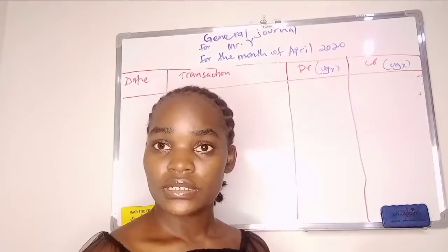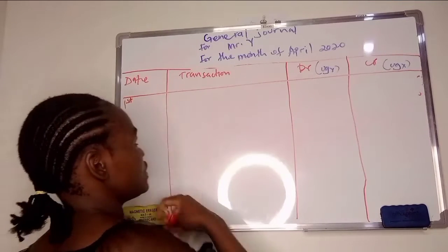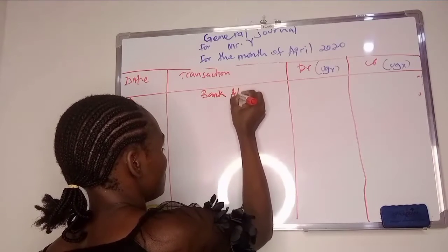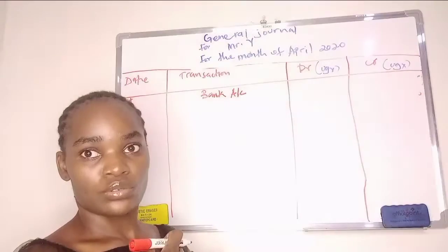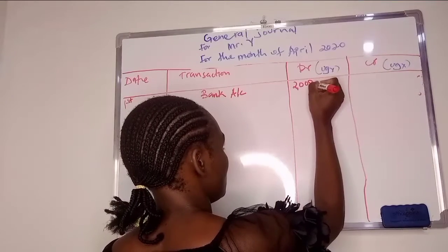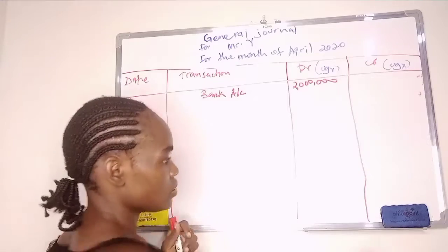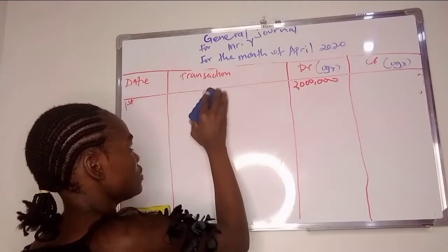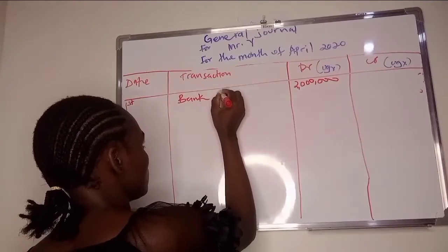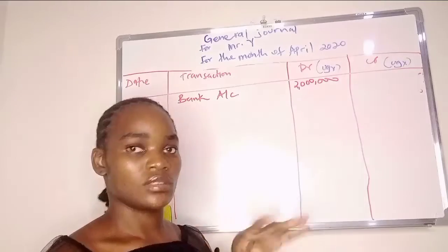So it was on 1st April, or you can just write first since we're already here. Then we have a bank account: bank account 2 million on the debit side, since bank is increasing. Then another account we are going to have is the capital account.